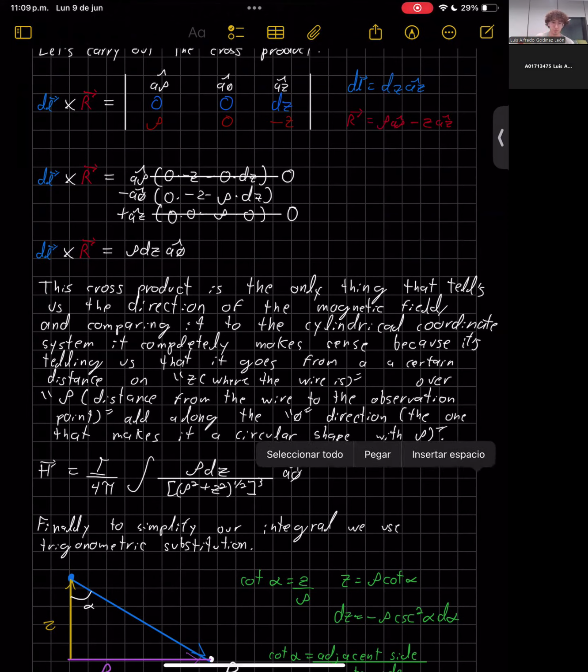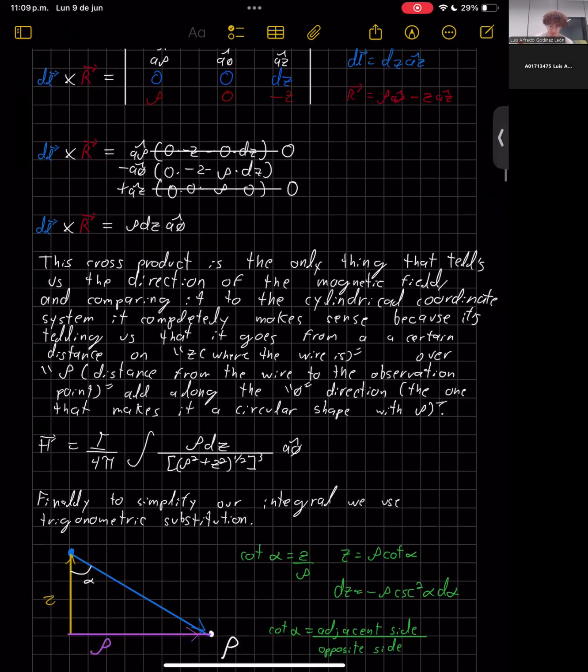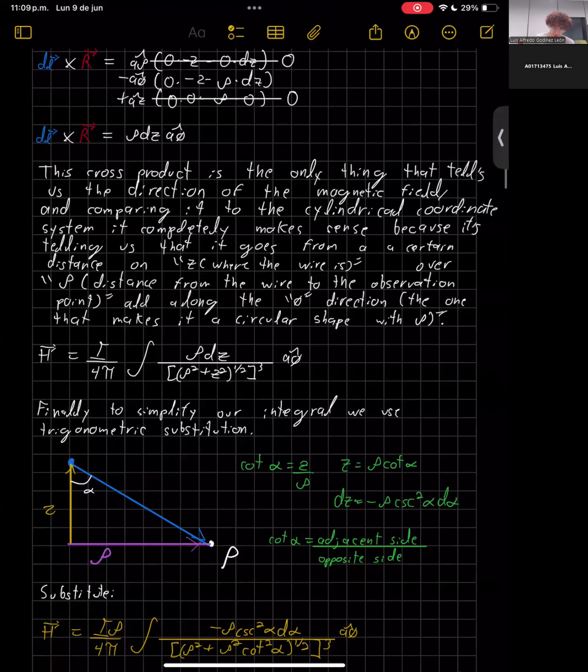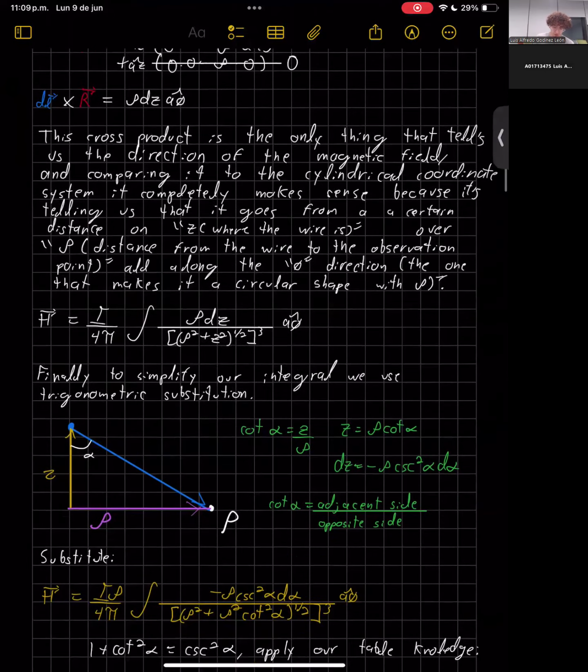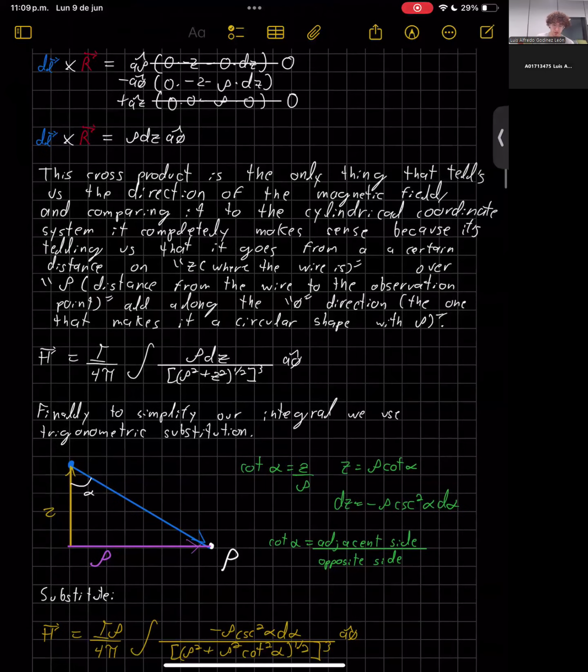I don't remember the name of the shape very well. Then we just have this integral when we already replace the cross product and the magnitude of the vector r, that is the one down here in the integral.